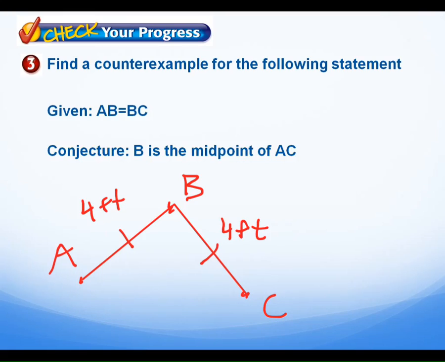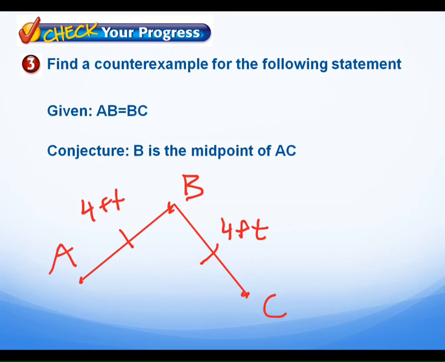The midpoint means like I have a line here, and A, B, C, the midpoint, these two pieces would be the same. But that's not, right? My given is true, but my conjecture is false. This is a counterexample. Okay? This is a counterexample, yes.